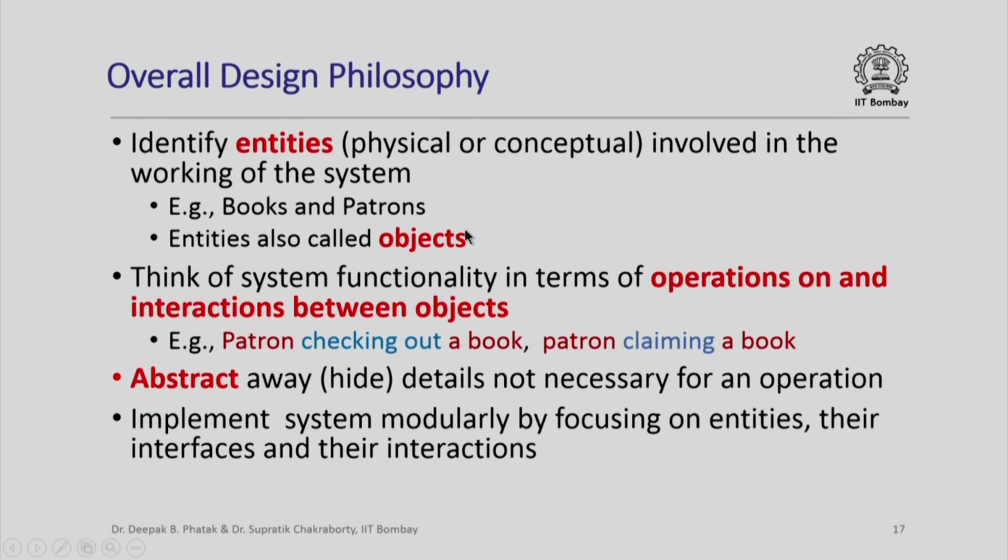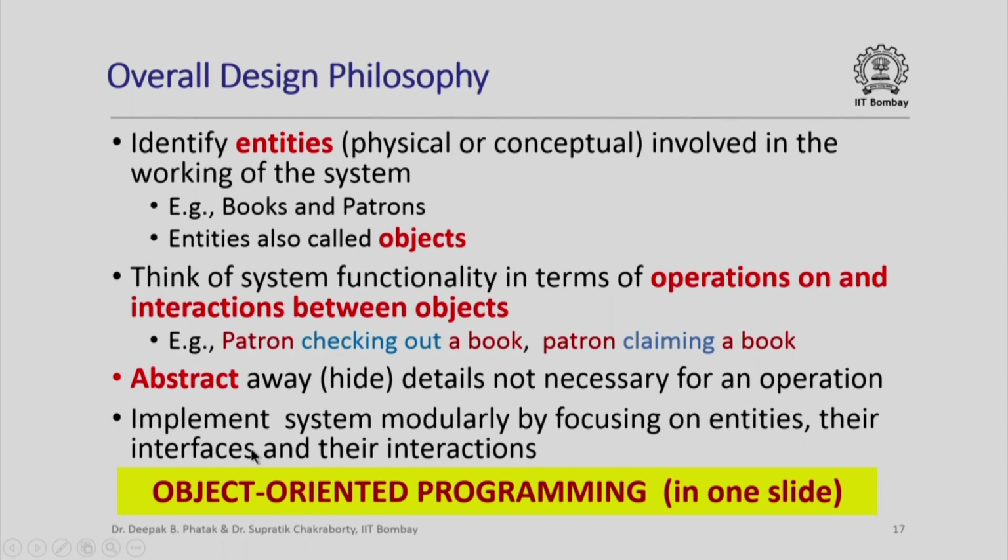They are the first class citizens in this design paradigm, and we are also going to understand how they interact with each other, and build interfaces for these entities that enable these interactions. And this, in one slide, is what object oriented programming is about. Clearly you can see that objects play a very central role in this paradigm of programming.